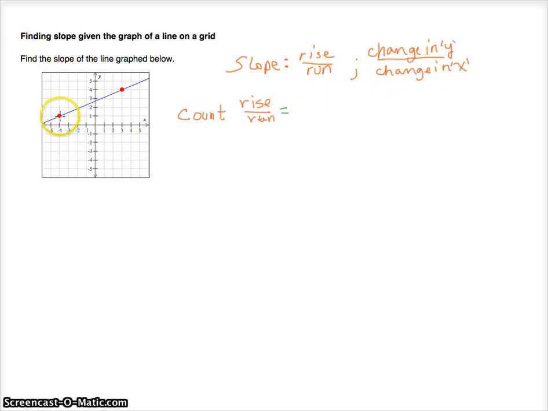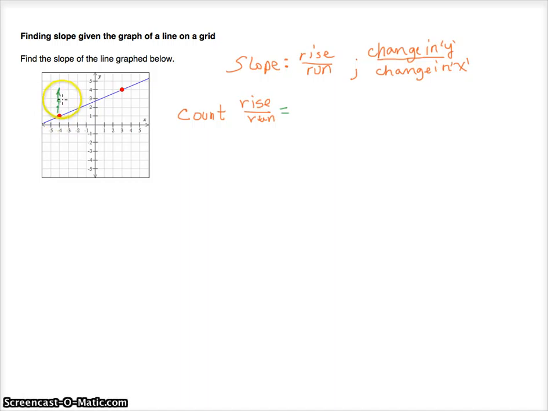Our rise is, we're going to start from this point and we're going to count to where we think the next point happens. And if you see, it happens at 4. So we're going to go 1, 2, 3, and that's our rise. Let's make this a little neater.